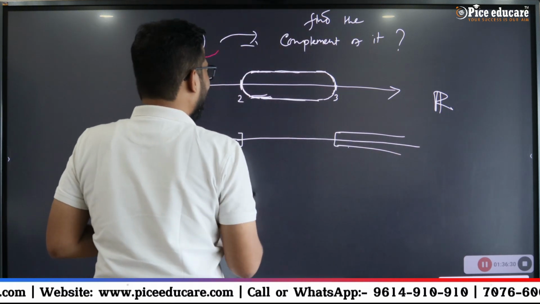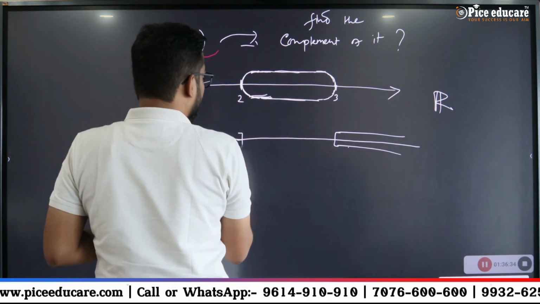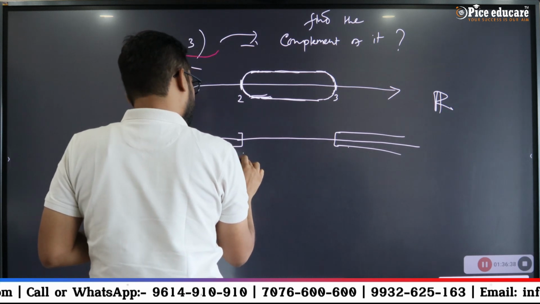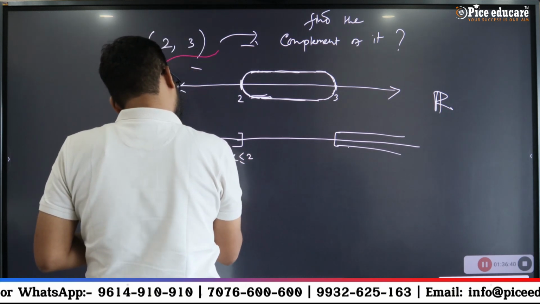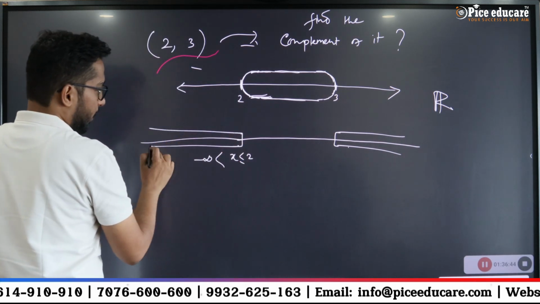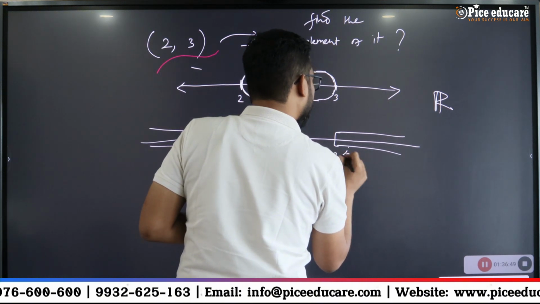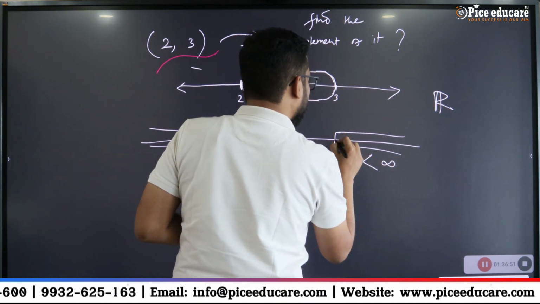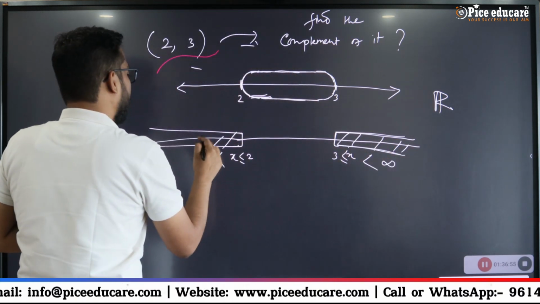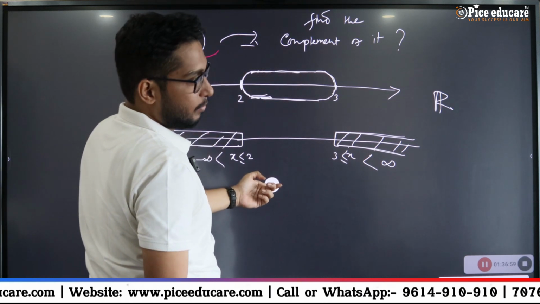So 2 you couldn't approach from the right, but you can approach it from the left. So this is your region, or here x is bigger than equal to 3 and less than infinity. So if I ask you what is the complement of this interval, it's this.